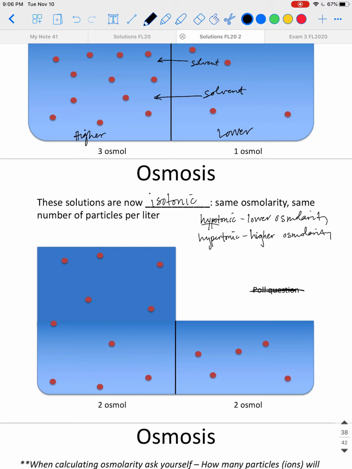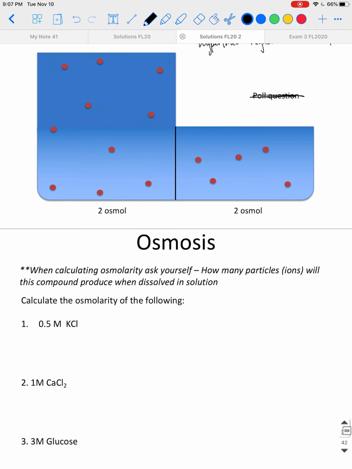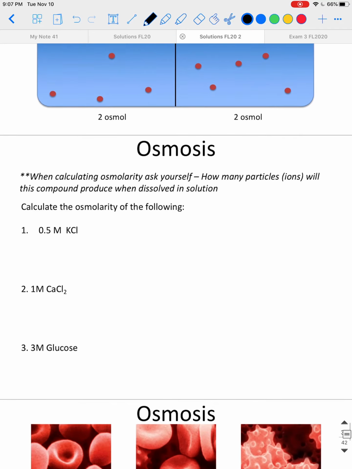If it has a lower osmolarity, it has a lower number of particles per liter of solution. If it has higher osmolarity, if it's hypertonic, it has a higher number of particles, be it ions, be it glucose, be it insulin, be it proteins, per liter of solution.